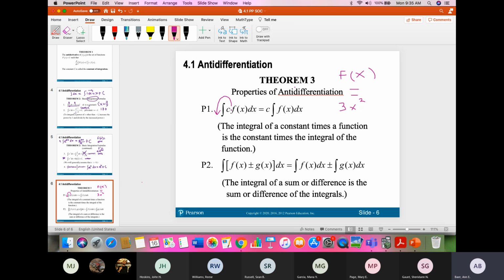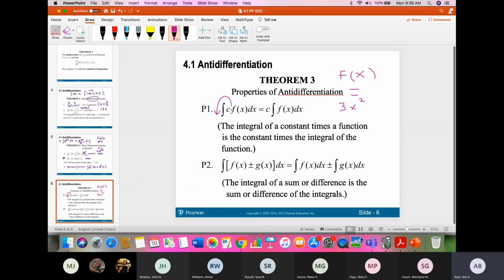So the integral of the function would be all of this. All that's saying is you can bring this constant multiplier out front and then just write it down and then integrate what's left, of course, carrying along the constant multiplier.